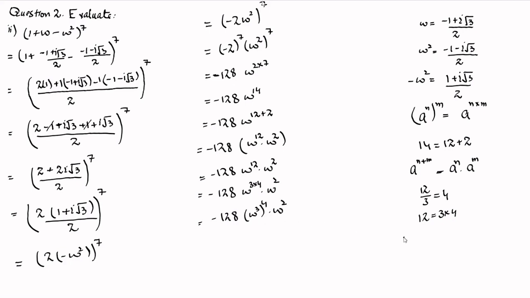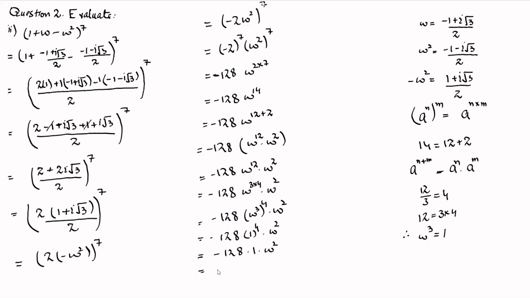Now from the product property of cube roots of unity, we know that omega cube is equal to 1. So insert 1 for omega cube: minus 128 into 1 raised to the power 4 into omega square. 1 raised to power 4 is equal to 1.